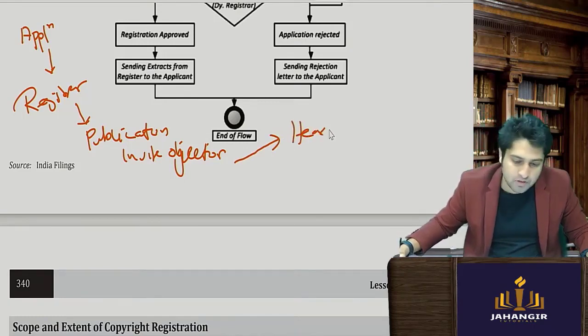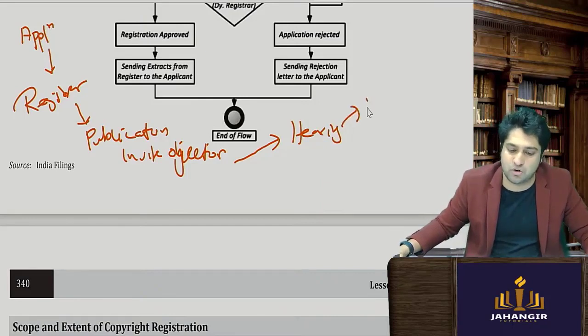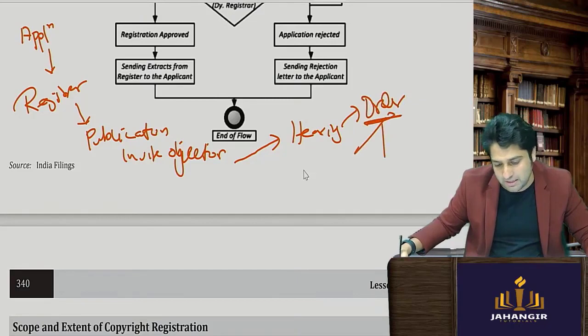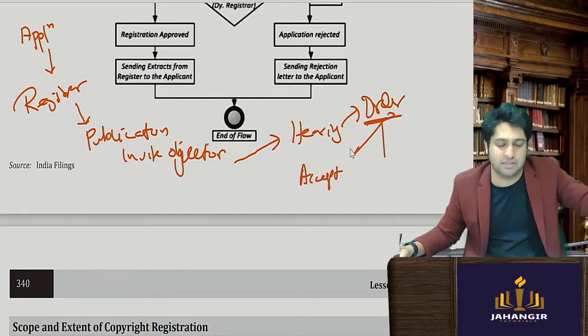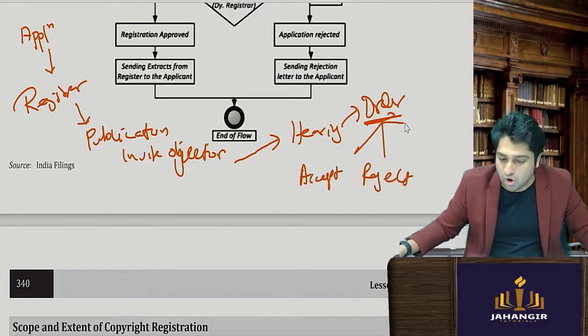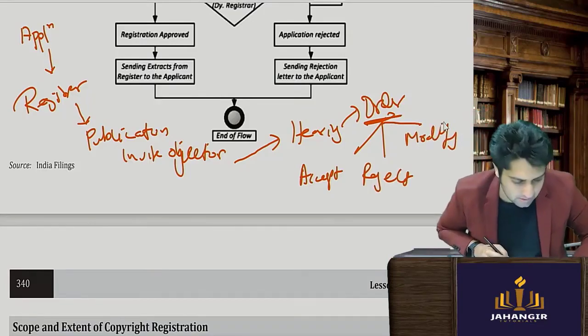So there will be a hearing and an opportunity of being heard to both the sides, and then the final order will be given. This order could be either accepting the application if no objections have been received, or rejecting the application if he thinks it's wrong, or lastly he can tell you to modify the application. Clear till here?